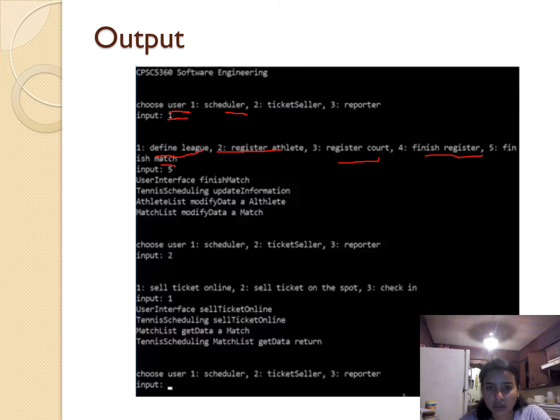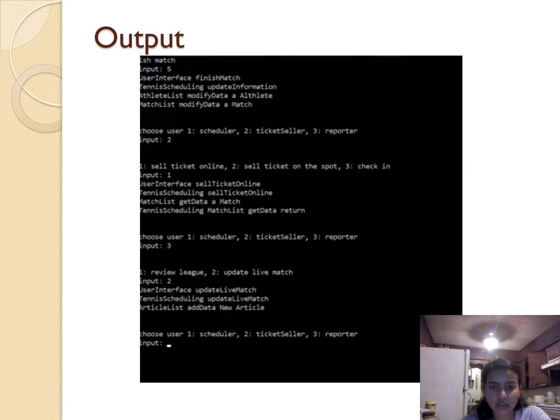Suppose when the user presses 5, it helps the user use the interface, finish a match, schedule, and upload interface. They can do these activities. And similarly, in another one, when the user presses 2, they will go to the ticket seller, so they can perform the following activities. The same thing happens, and this is the continuation.